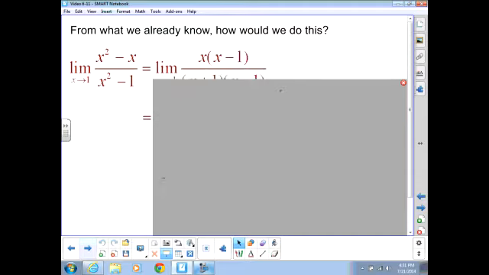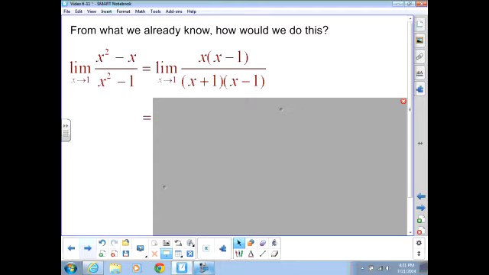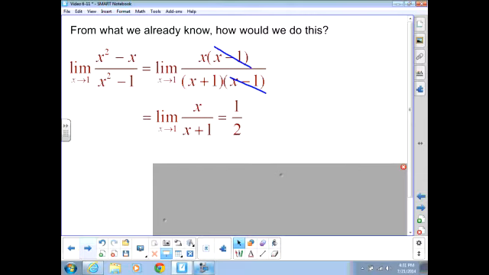In this case, we would factor. Top factors into x and x minus 1, bottom x plus 1 and x minus 1. And then we would look to see what cancels. The x minus 1 would cancel out, leaving us with x over x plus 1. Now this is something we could do direct substitution with, and it will give us 1/2.